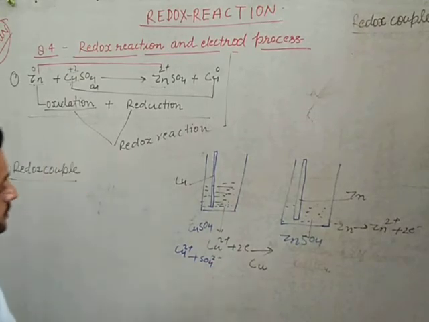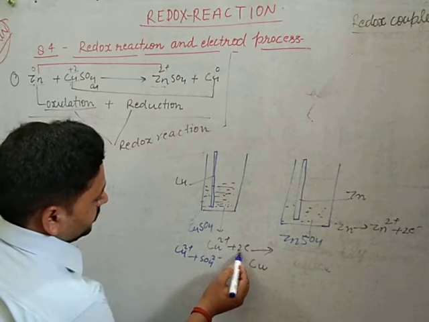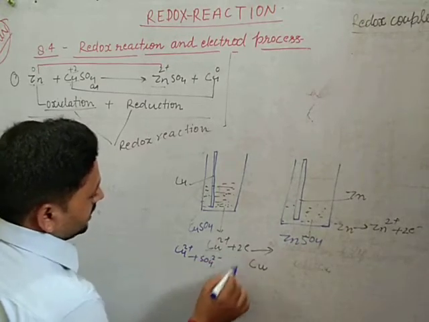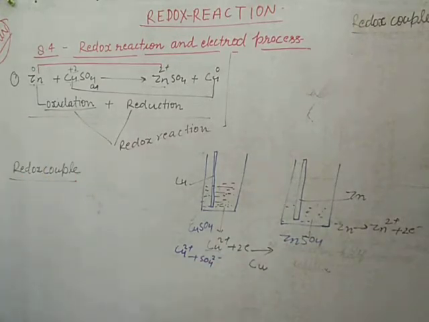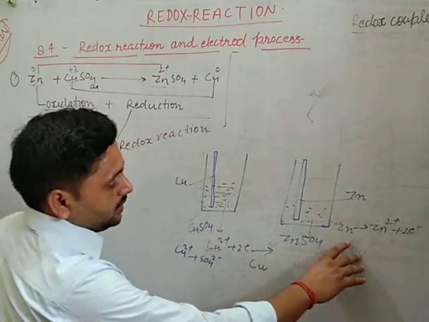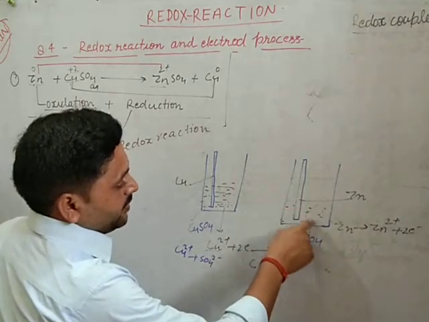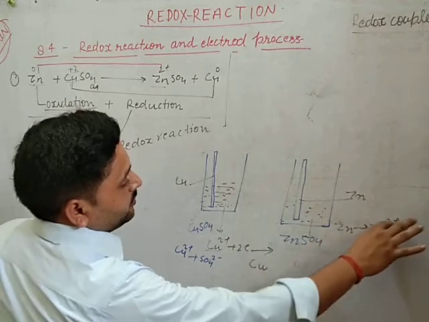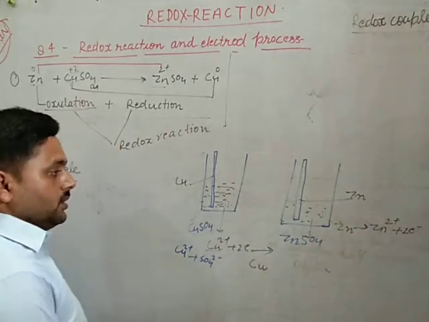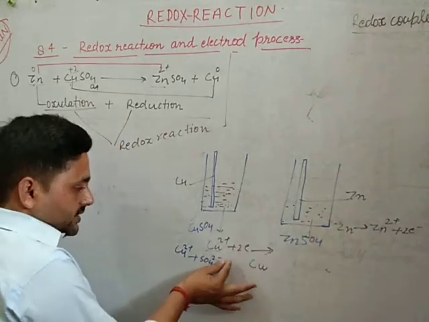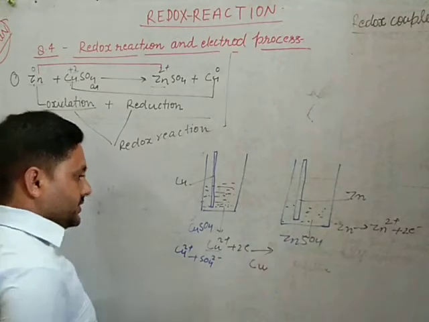Here Cu2+ gets 2 electrons and is being reduced. From here zinc is coming and forming Zn2+. So for both reactions, this one is reduction, that one is oxidation.